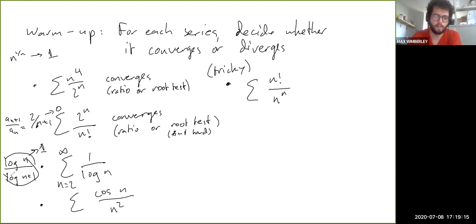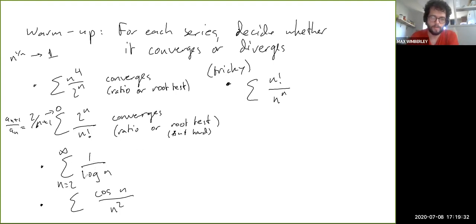This is actually a good thing to talk about, because there's some intuition that you can use here to mentally rule out the ratio test and the root test as being useful in this case.